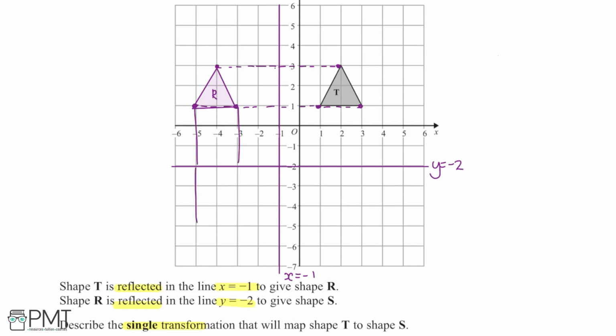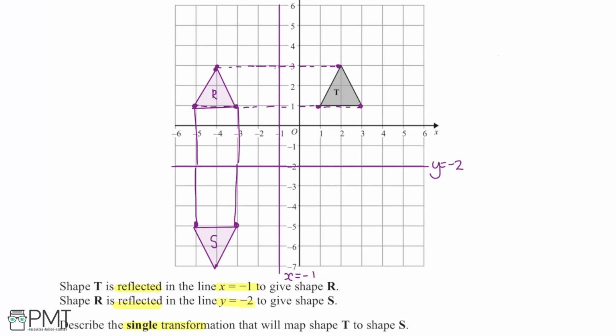So if we continue 3 squares down on each side, we're left there. And then this top point is going to be 1, 2, 3, 4, 5, and 1, 2, 3, 4, 5. So that's going to rest here. And I can draw that in and then draw the shape in. And this one is going to be shape S.